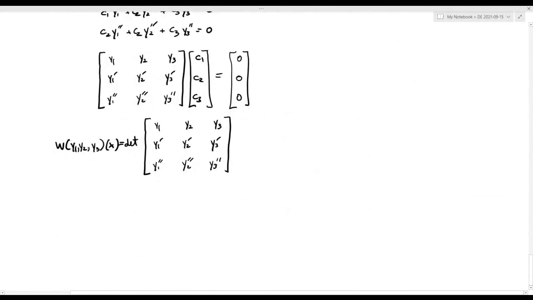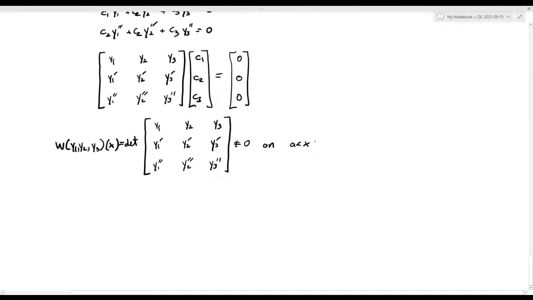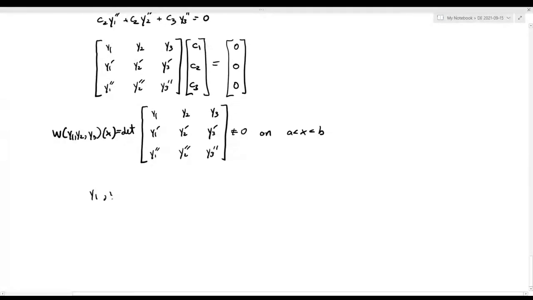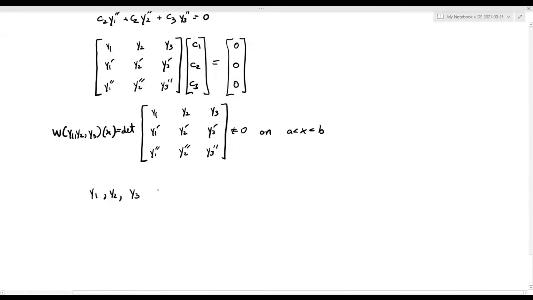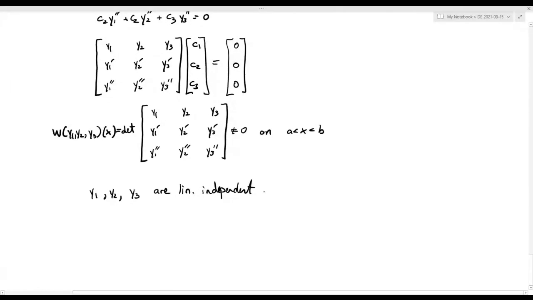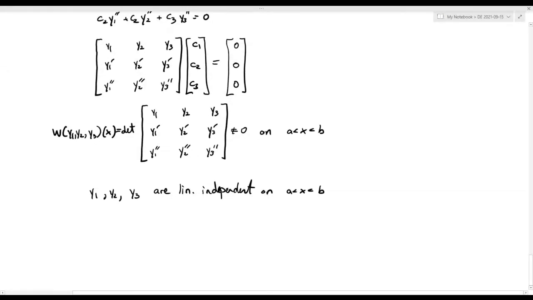As long as this determinant is non-zero on some interval, we say that our three functions are linearly independent on that interval.